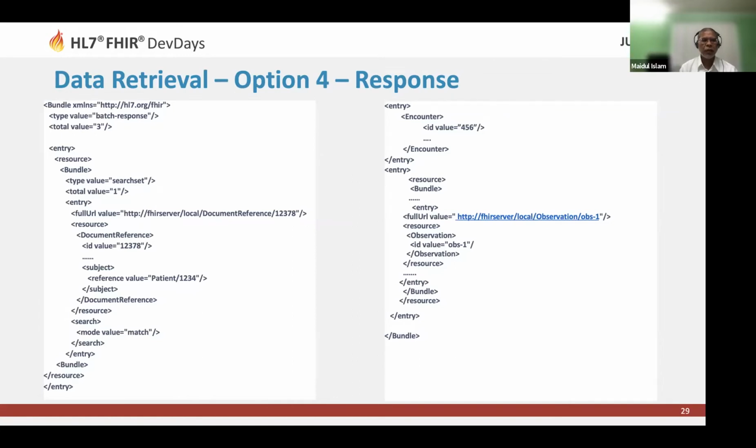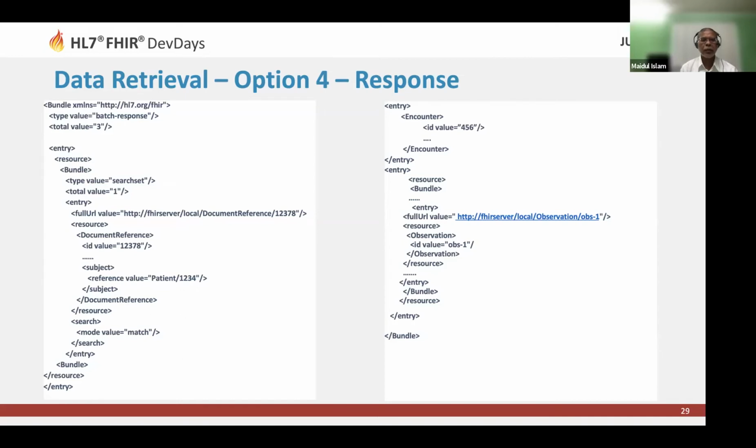If you see within the bundle, you will see entries, because each entry represents a response for each entry query. Within the entry could be a bundle, because if you have a query parameter with multiple matches, then you will see multiple entries within the entries themselves. So on the left side, you see an entry within the bundle, and then you have an entry again, all the matching document references.